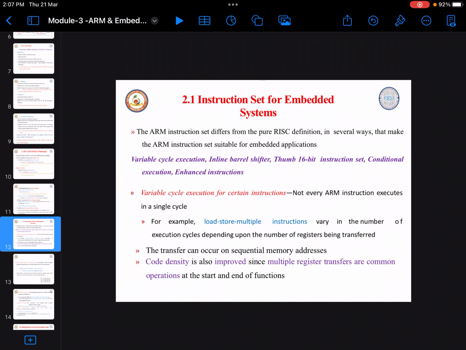The first one is variable cycle execution for certain instructions. Not every ARM instruction executes in a single clock cycle. For example, load-store multiple instructions use a variable number of cycles. Execution is not a single cycle; it takes multiple cycles to complete. The transfer can occur on a sequential memory basis.